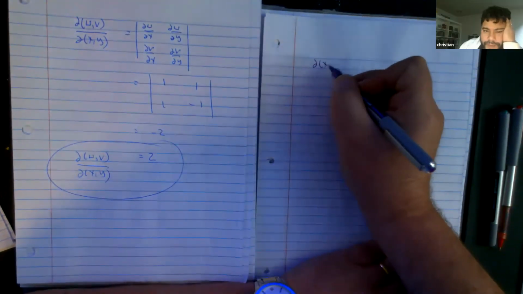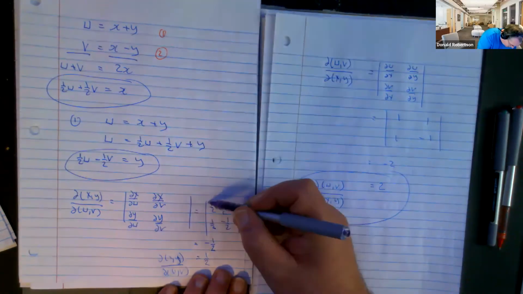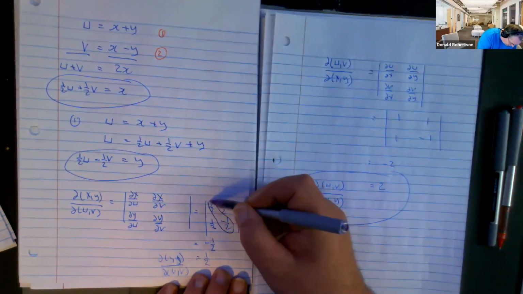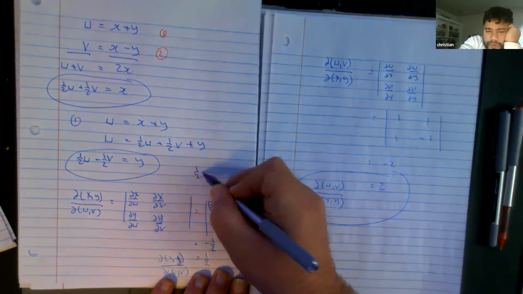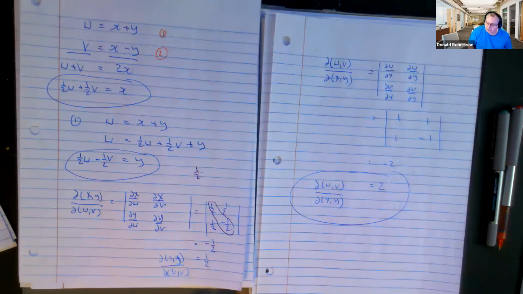I'm sorry, could you go back? I'm having a hard time figuring out how you got a positive 1/2 u. If you multiply these two together, you get one. Christian, what's your question?